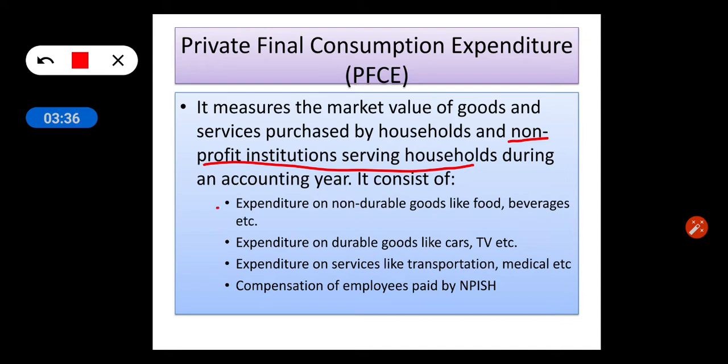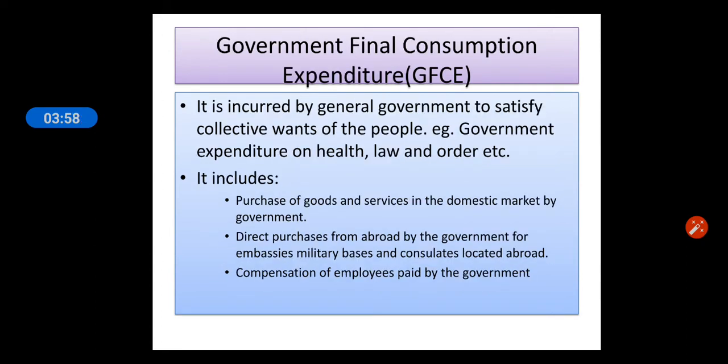It consists of expenditure on non-durable goods like food, beverages, expenditure on durable goods, expenditure on services like transport, medical, and compensation of employees paid by non-profit institutions serving households. These are your private final consumption expenditure. Next, we have government final consumption expenditure.